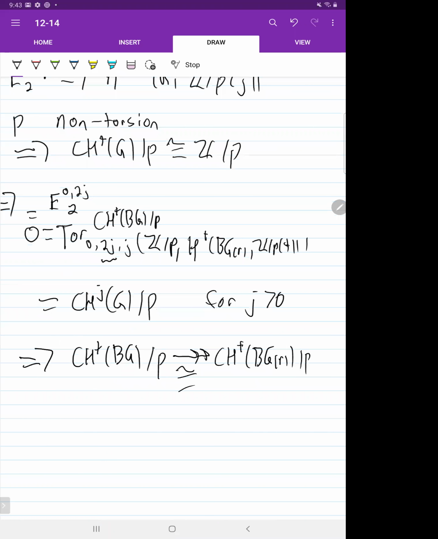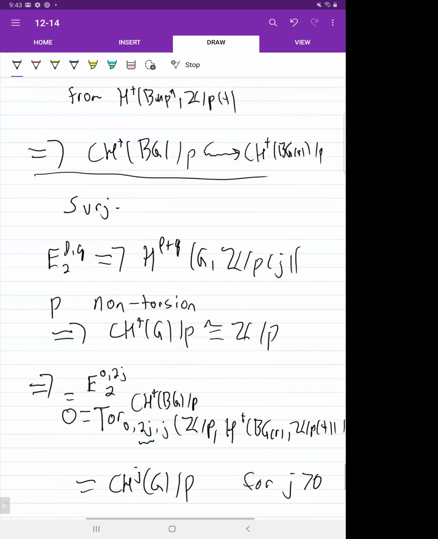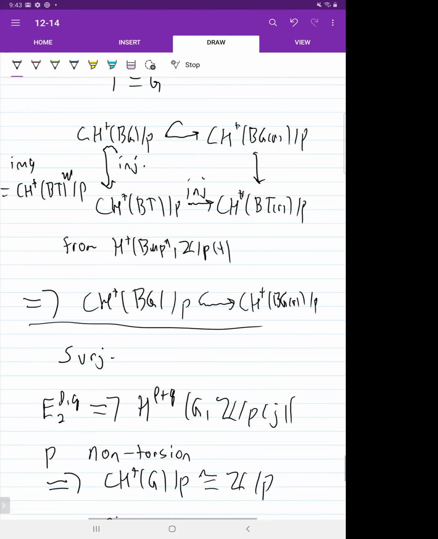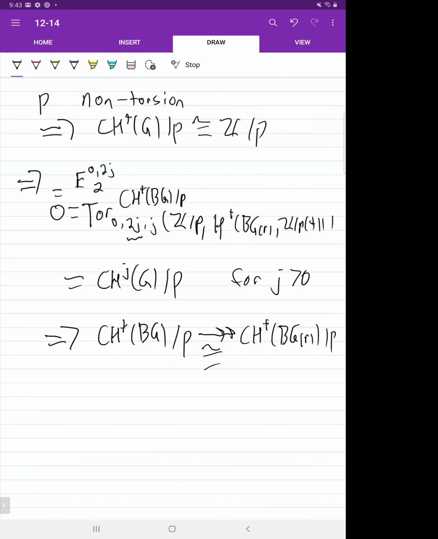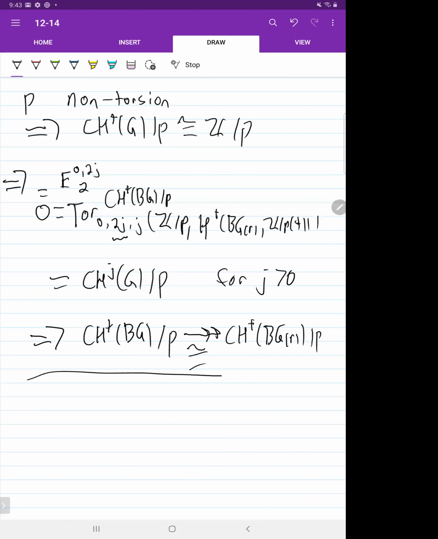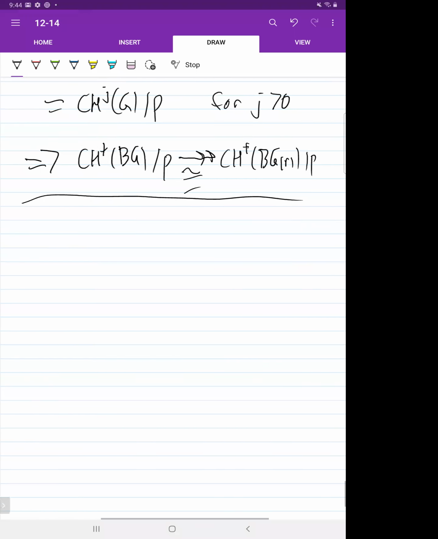All right. And then the rest of the proof is sort of playing around with the spectral sequence. So rather than talking about that, I want to talk about comparing to other cohomology theories.